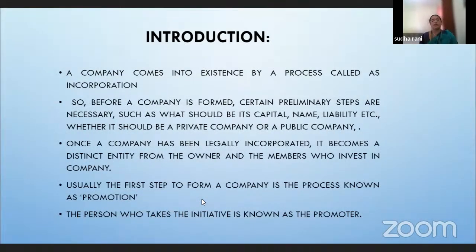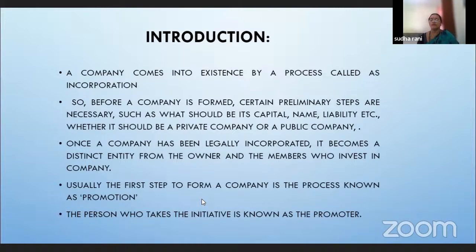See, any company, before it comes into existence, involves a certain process. That process is incorporation. Before it is formed, certain preliminary steps are to be undertaken: what its name is to be, where it has to keep its registered office, what capital is to be raised, and what the liability of members is to be, whether it's a liability limited by shares or limited by guarantee. All these decisions have to be taken.